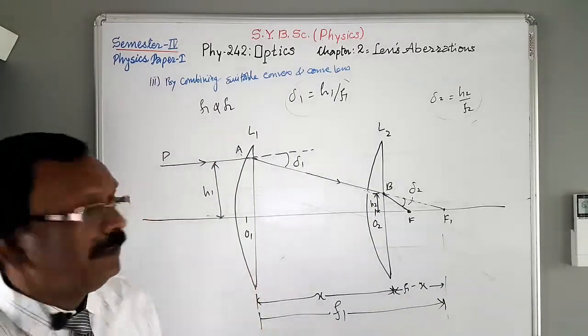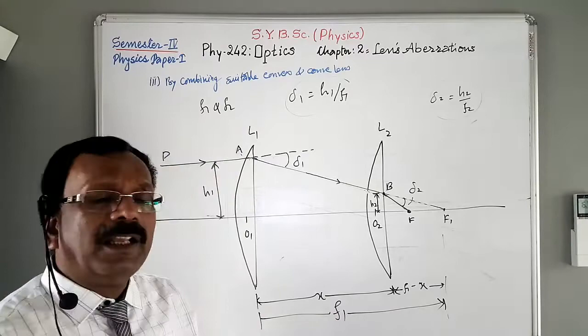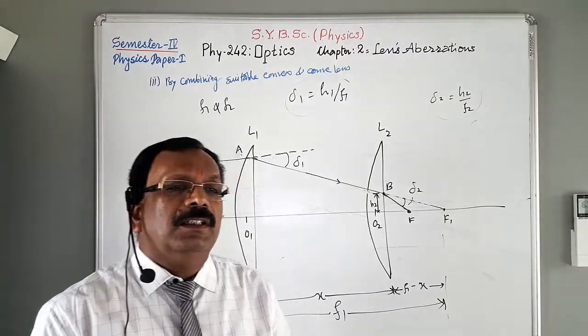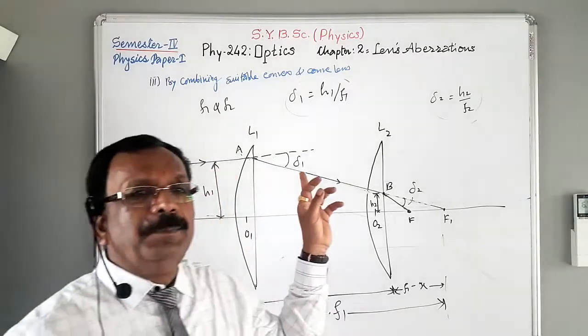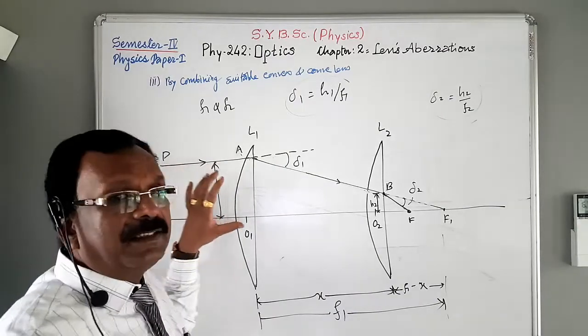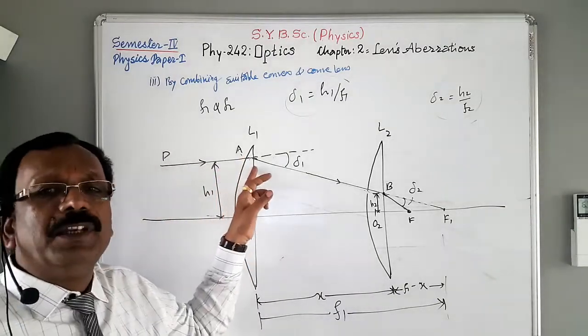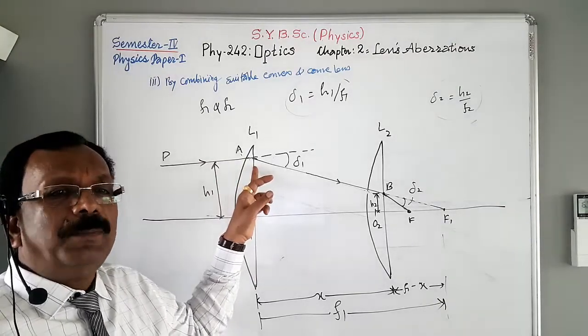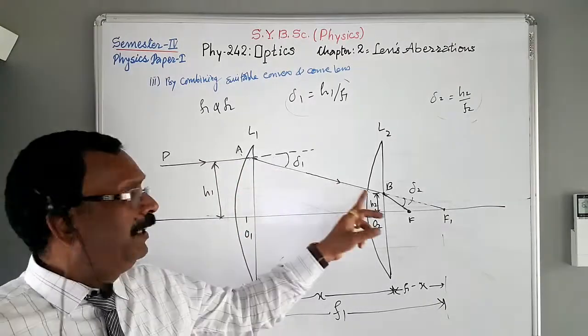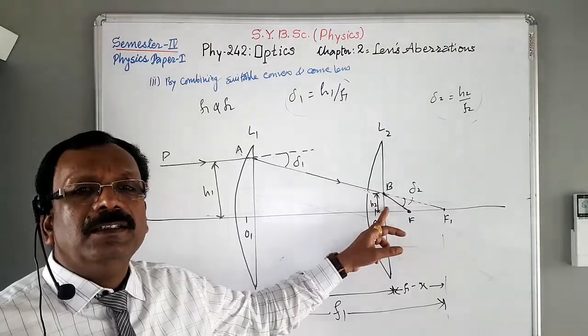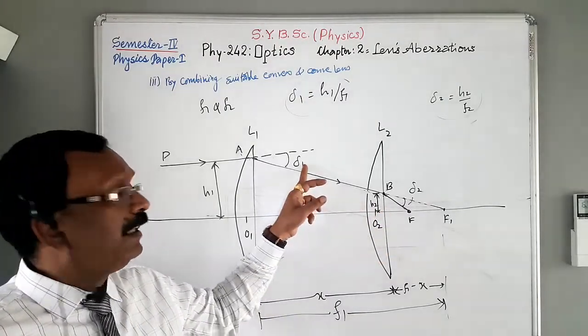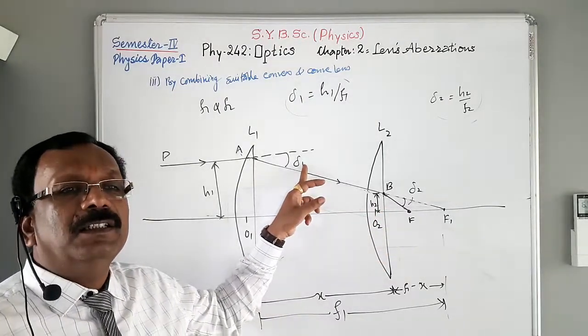See here. In this figure, I am again going to repeat. The incident ray PQ is parallel to the principal axis and strikes lens L1 at point A. After refraction, it travels along AB. Let the deviation produced by the first lens be delta 1.